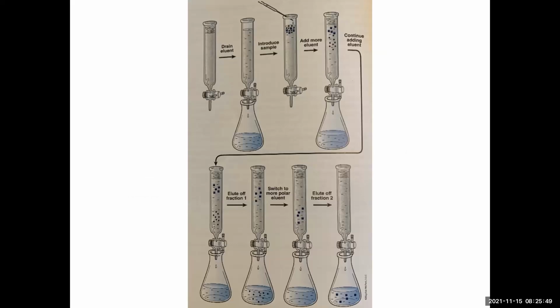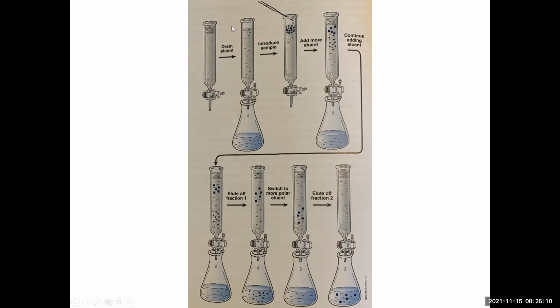So this is just a visual that shows the process of the column. This shows where we've already made the column and we're adding eluent at the top. There's always solvent. We never let the solvent run below the top of the column.